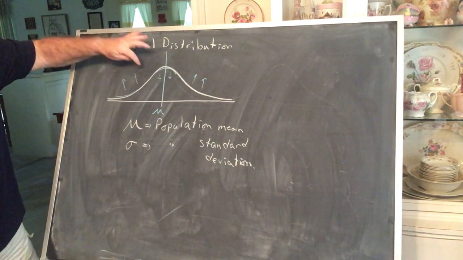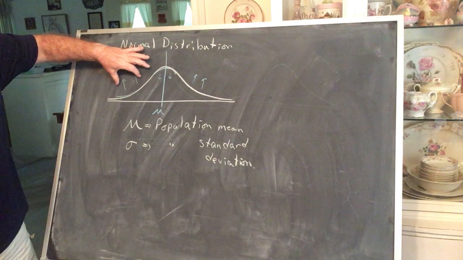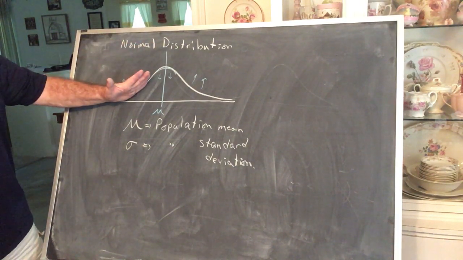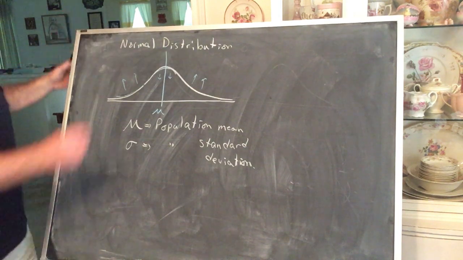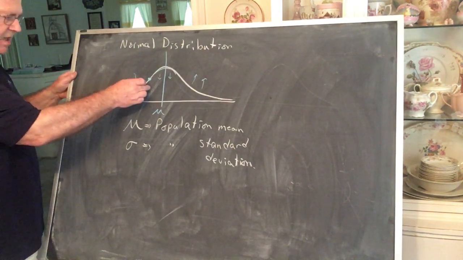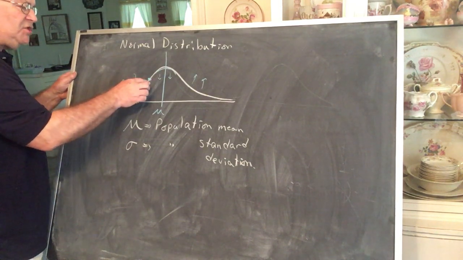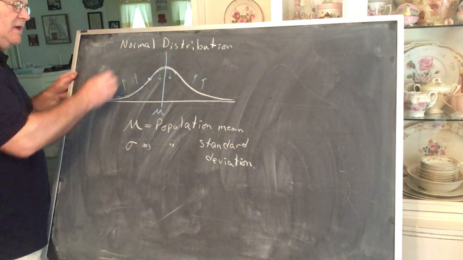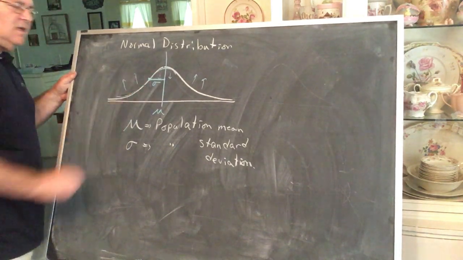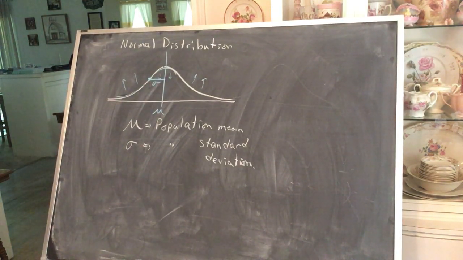There must be some point at some position here where this curve changes from opening upward to opening downward. The distance between where this changes concavity and the center is one standard deviation.